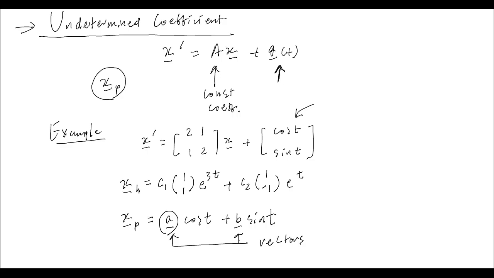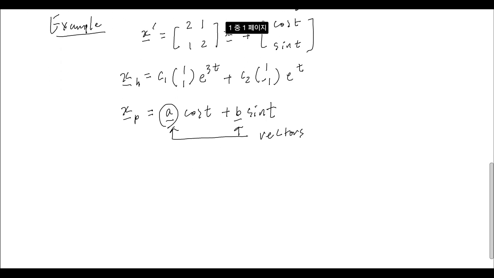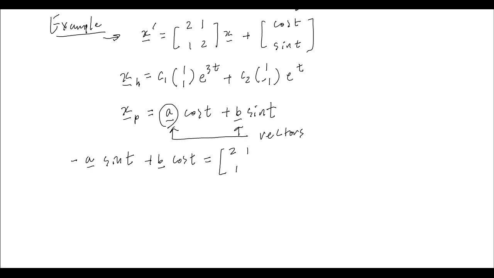Okay? And now substitute xp into the given system of ODEs. If you plug it in, you will get minus A sine t, because cosine is differentiated, plus B cosine t, equal to the matrix [2, 1; 1, 2] times A cosine t plus B sine t, plus (cosine t, sine t).